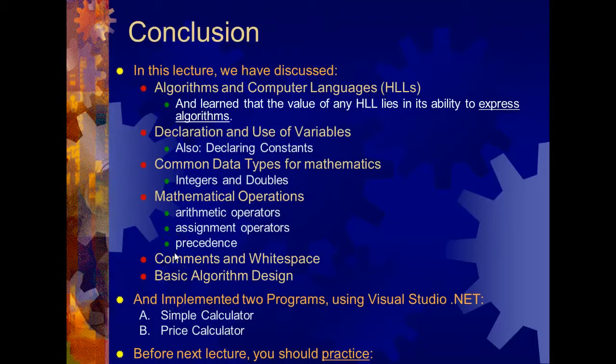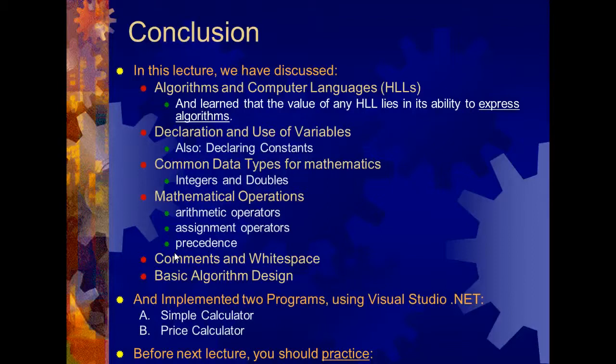Conclusion. In this lecture we have discussed algorithms and computer languages. HLL stands for high level language, and we learned that the value of any HLL lies in its ability to express algorithms. We've done declaration and use of variables, and also declaring constants. We've looked at common data types for mathematics, integers and doubles.